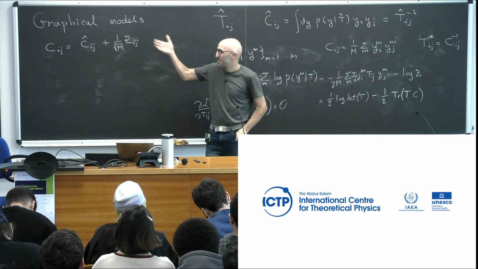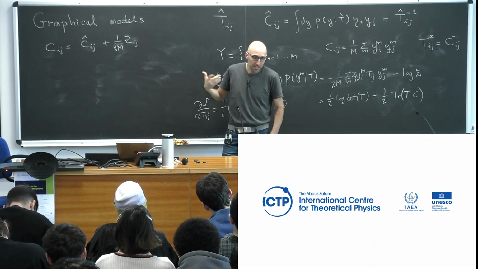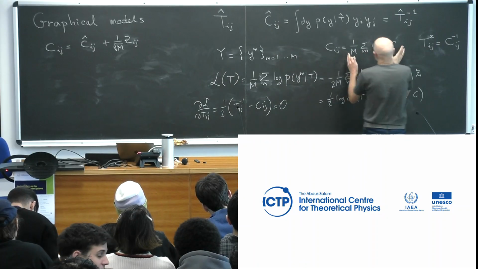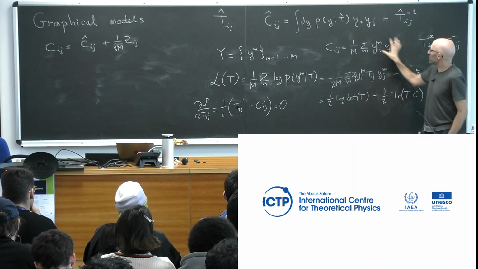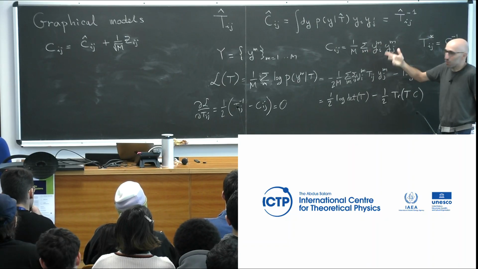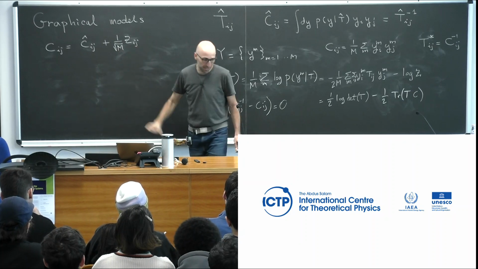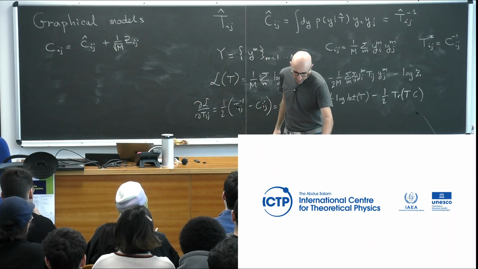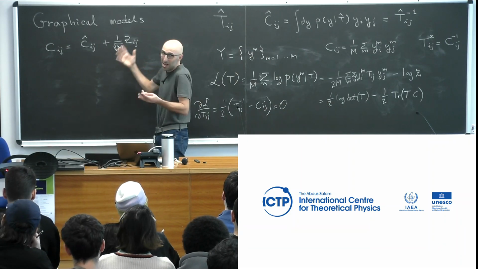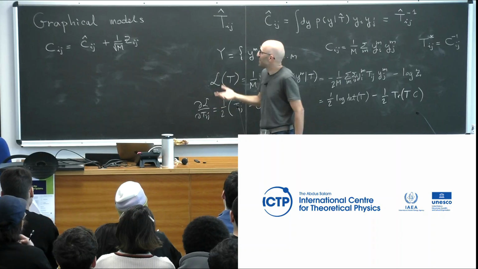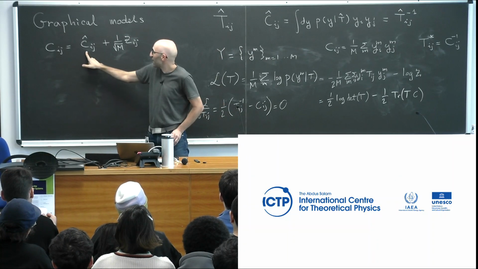At the leading order in large M, I will have a square root of M correction, because this is an average over M points, and by the central limit theorem, this will converge to the average, but with fluctuations, and the fluctuations are going to be given by a Gaussian variable divided by square root of M. So the problem is that now, because of this, even if M is large enough, but not infinite, essentially all the matrix elements of C are going to be non-zero, even if C hat is not.